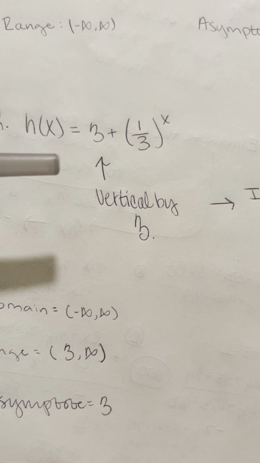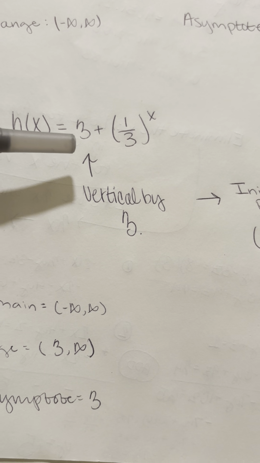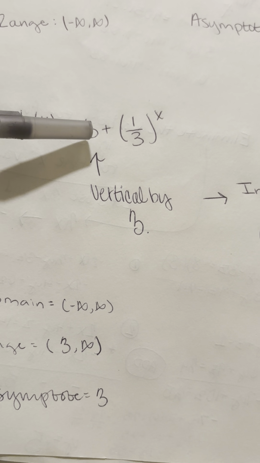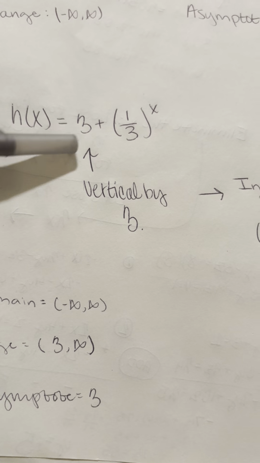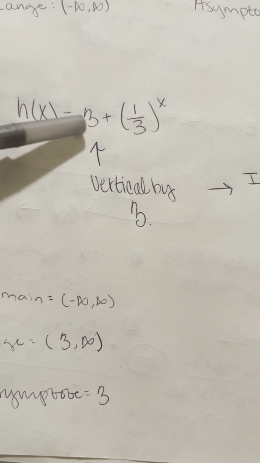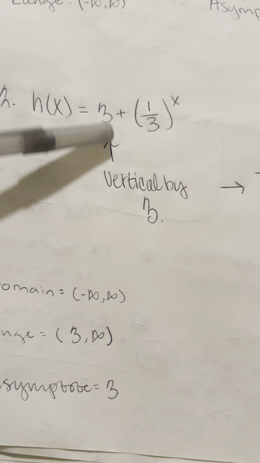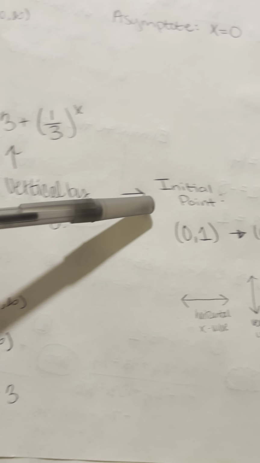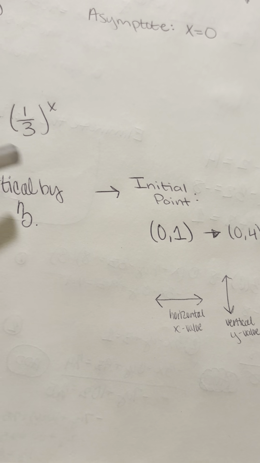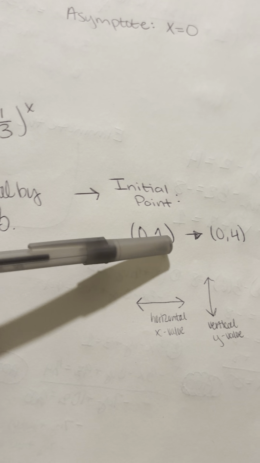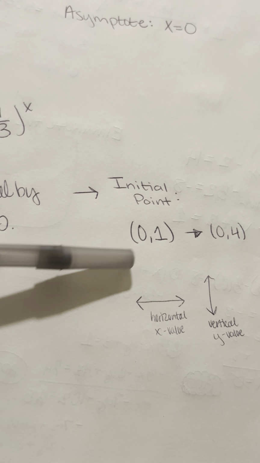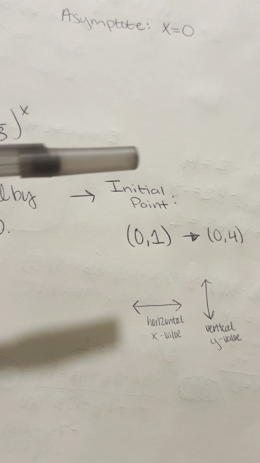Now with this one, it gives us the translation to say, vertical by 3. How can we tell it's vertical? Whenever you're adding something, whenever there's a number here, that's what you're going to go vertically by. Your initial point on the graph that they give you is going to be 0, 1. How can you tell? Because 0, 1 is the point where the line touches the graph.